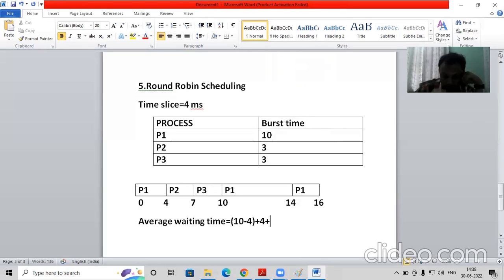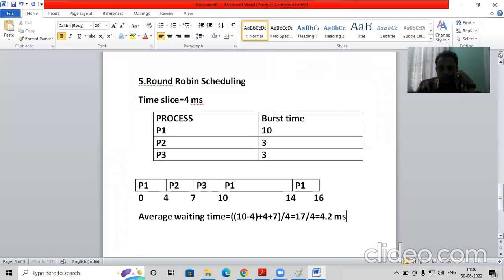And P3 waiting time is 7 milliseconds. 10 minus 4 means 6, 6 plus 4 means 10, 10 plus 7 is 17. 17 by 4 is equal to 4.2 something, about 4.2 milliseconds. So this is round robin scheduling.